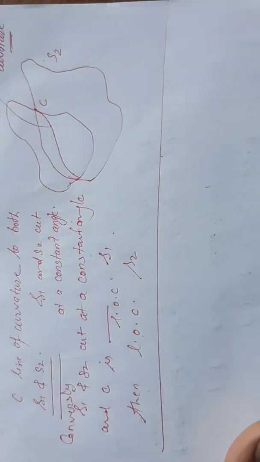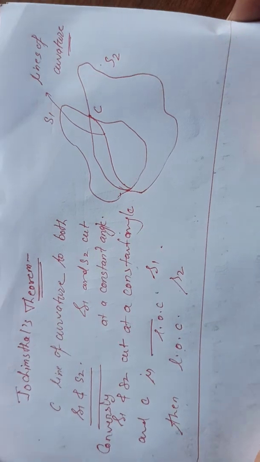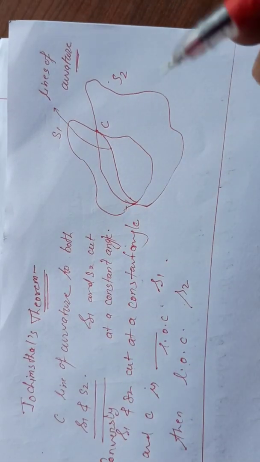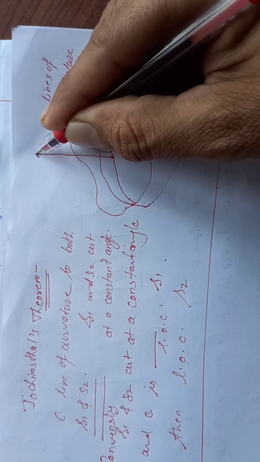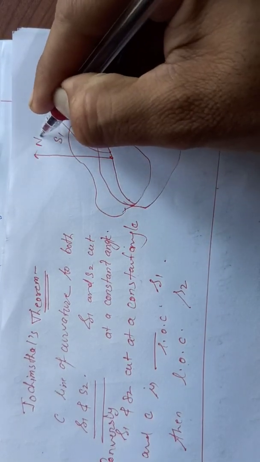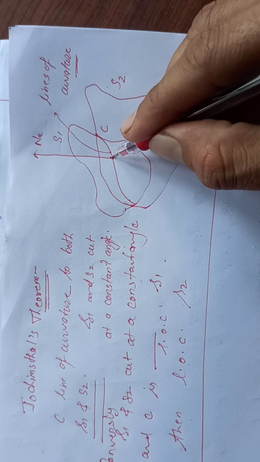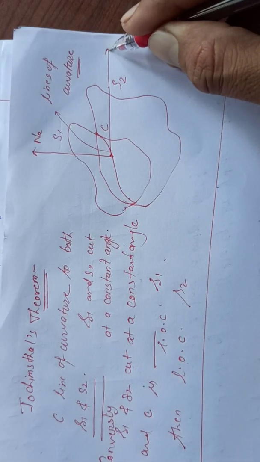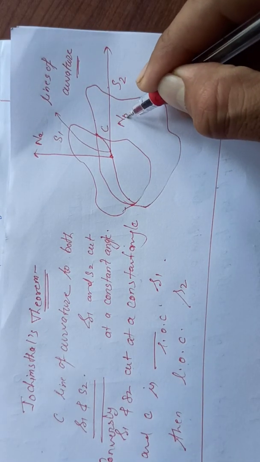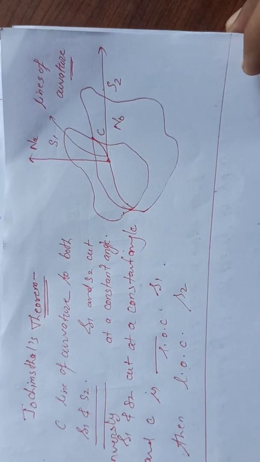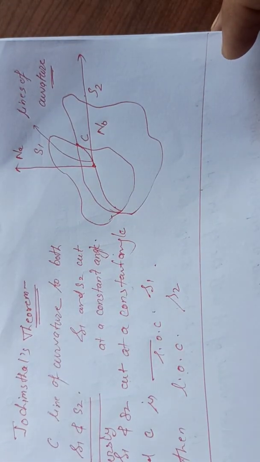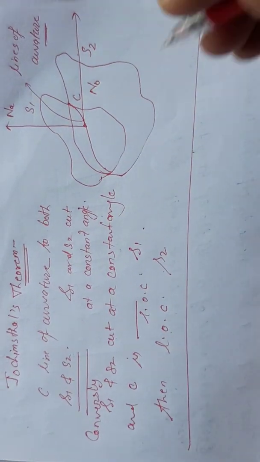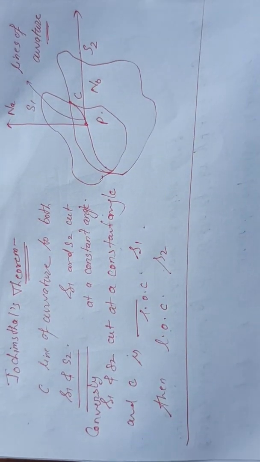So let us start. Let us consider at any common point P on C, NA and NB be the unit normal to the surface S1 and the unit normal to the surface S2.